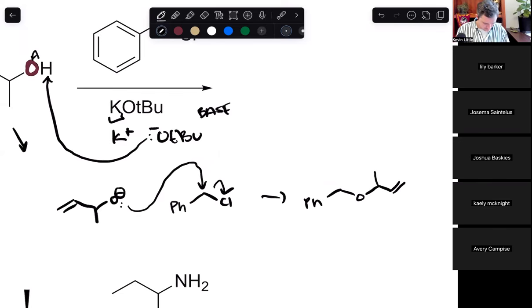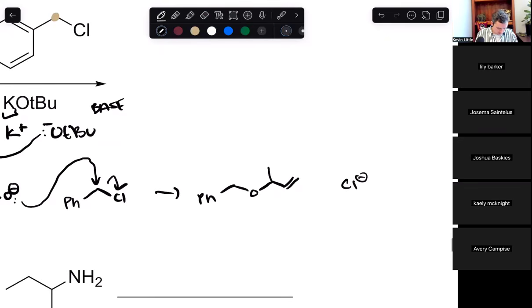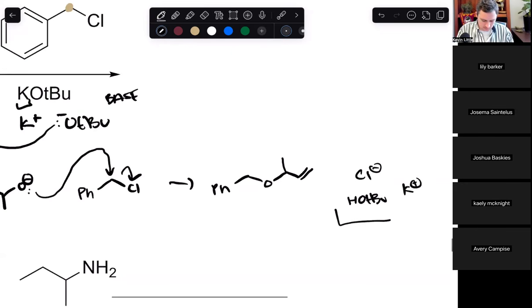And that should be my final product. You don't need to draw the chlorine, but if it helps you, there's the chlorine, and the OTBU and the potassium. That's everything that's in the equation. You don't need to draw those, but if that helps you balance the equation, that's it.